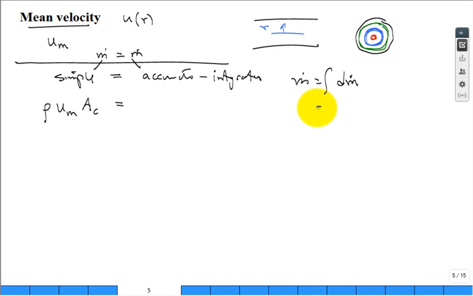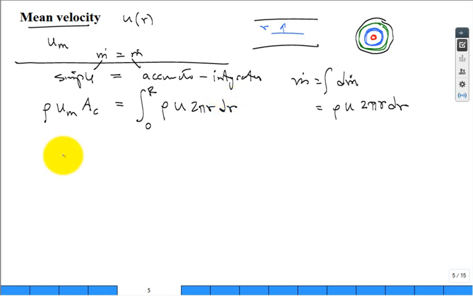Each little ring has a density, has a speed at that ring, and then it has the area of the ring, and that area of the ring would be the circumference or the perimeter of that ring times dr. So that would be the 2 pi r dr. So this is the integral from 0 to cap R of rho u, I need that as a function of r, times 2 pi r dr.